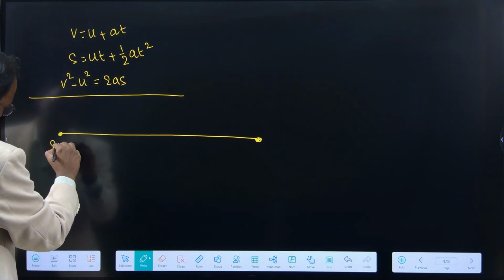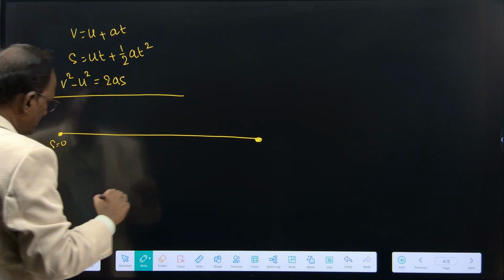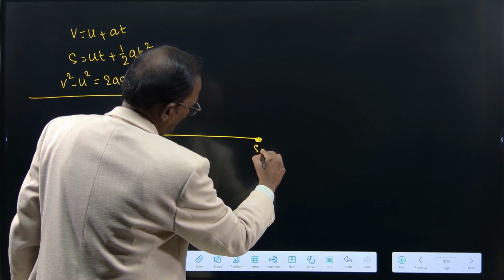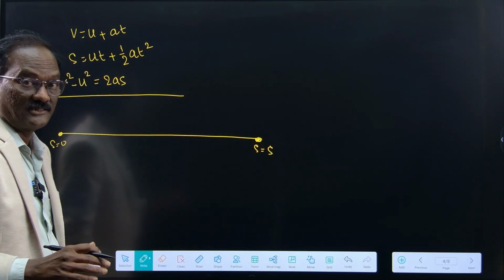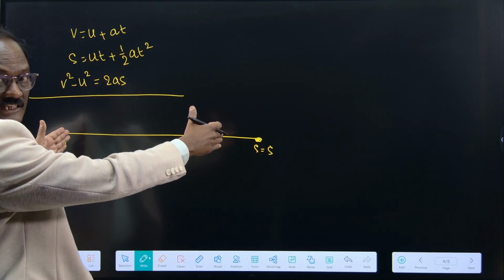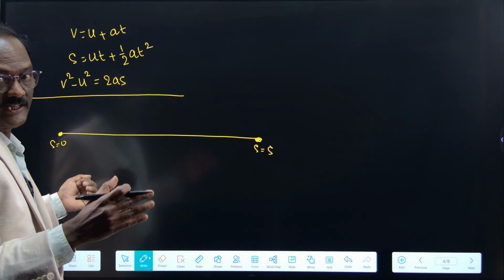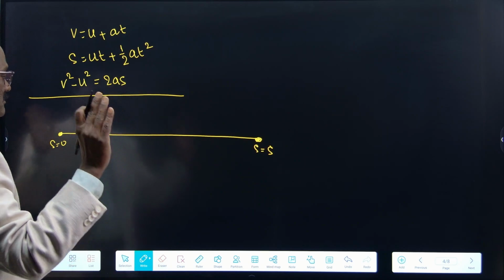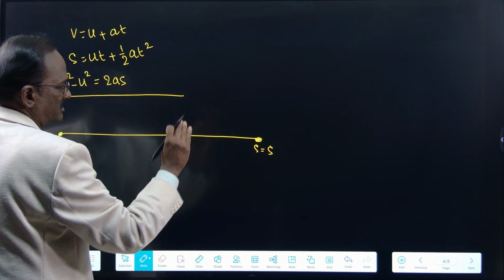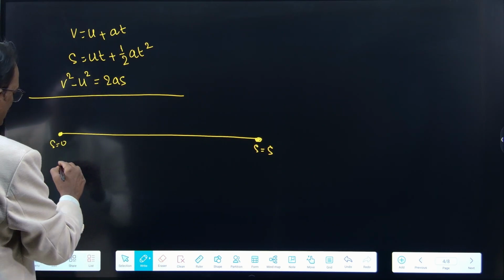This is distance or displacement. Here s is equal to 0, and here s is equal to s. So total distance or displacement. If the object is moving along a straight line, you can say distance is also equal to displacement. So s is equal to 0 to s is equal to s.